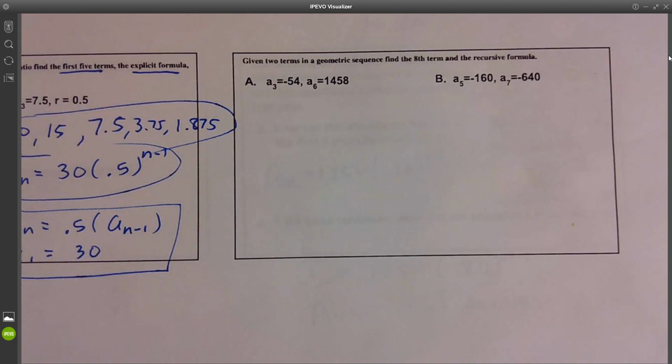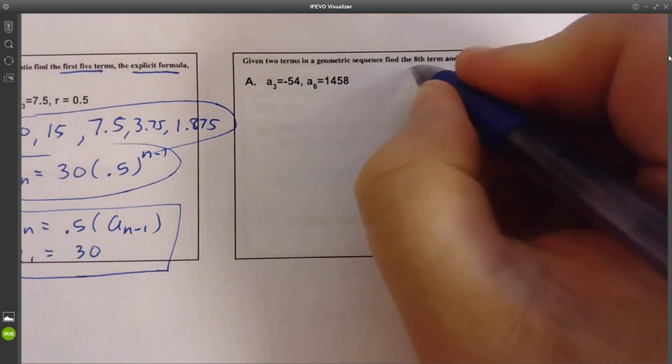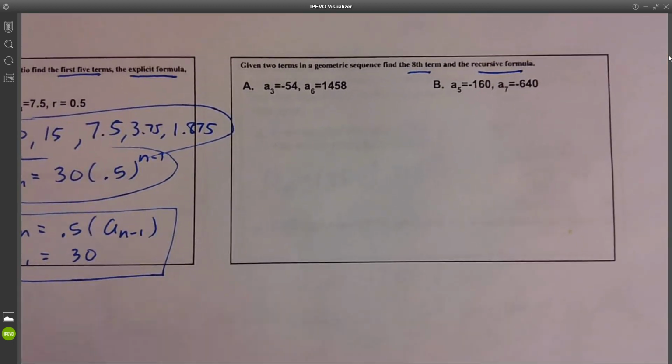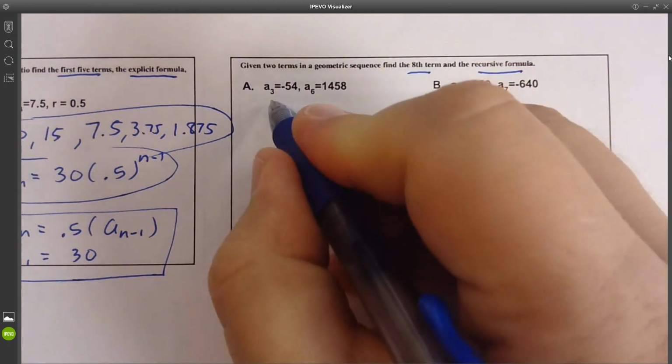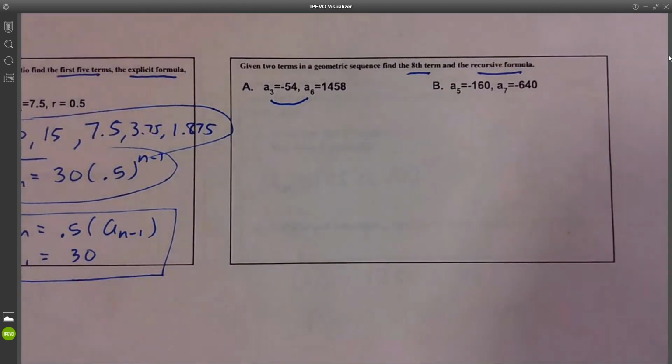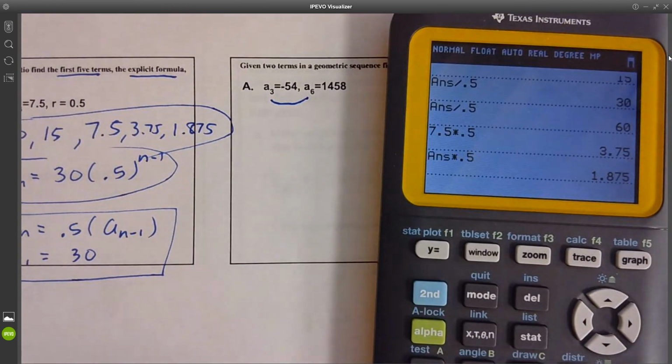Given the two terms of a geometric sequence, find the 8th term and the recursive formula. Okay, so what we've got to figure out is what's going on between each of these. So this went 3 times, and in 3 times it did, again, it's multiplication.